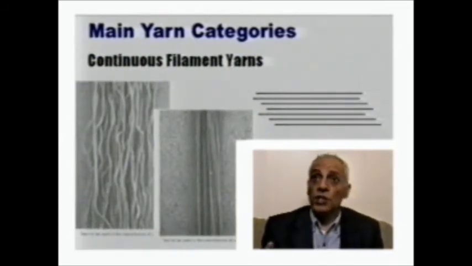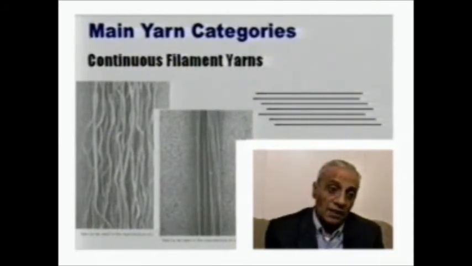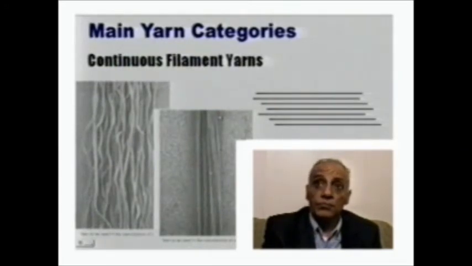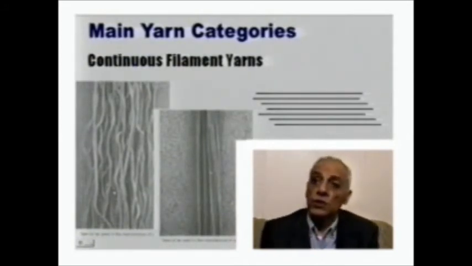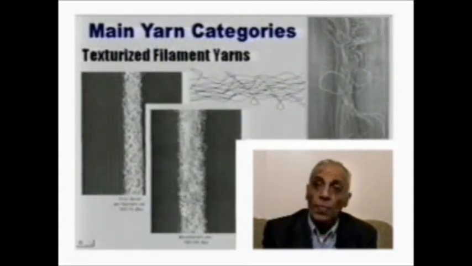The second major category is continuous filament yarns, and continuous filament yarns may be fully drawn or pre-drawn, or the different levels of drawing may be used as subcategories of the continuous filament yarns.